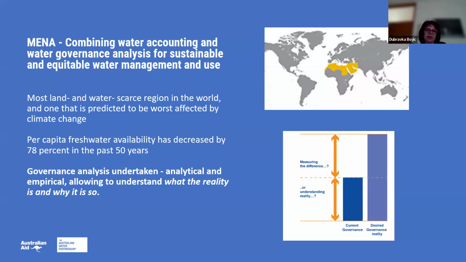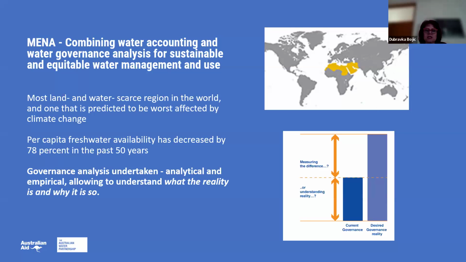So FAO has been working within the framework of the Regional Water Scarcity Initiative and the Water Efficiency, Productivity and Sustainability Project over the last 5 years in the NENA region, where we try to combine water accounting exercise and water governance analysis, so to bring together science, knowledge, and people's inputs for sustainable and equitable water management and use. And obviously working in the MENA region is not easy because it is one of the most land and water scarce regions in the world, and also the one predicted to be worst affected by climate change.